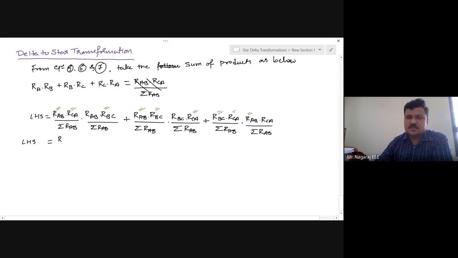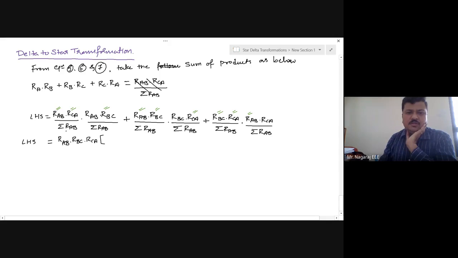If I take them common, in the first term RAB remains, in the second term RBC remains, in the third term RCA remains. So now I will be taking RAB into RBC into RCA common, and in the bracket I will keep the numerators.